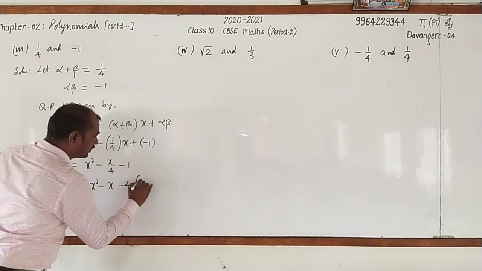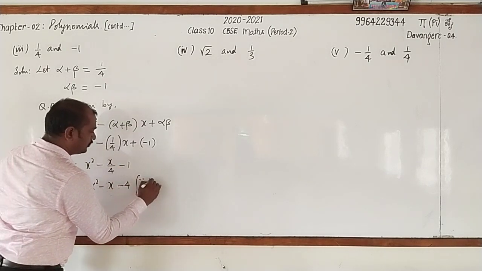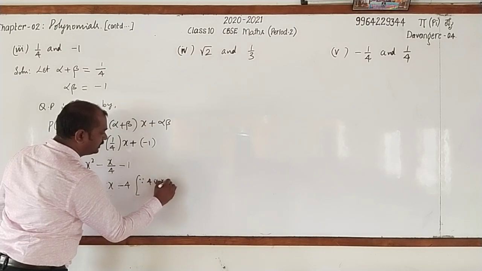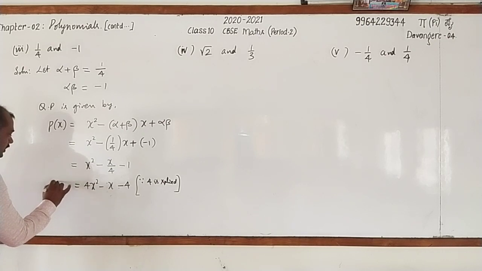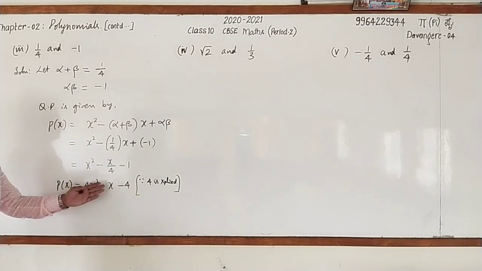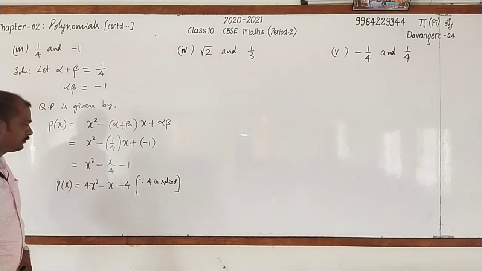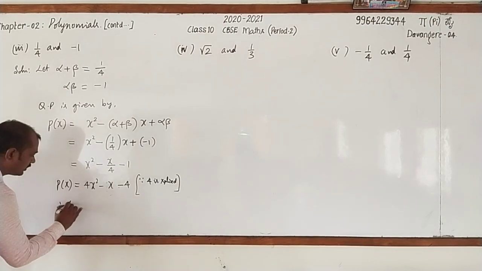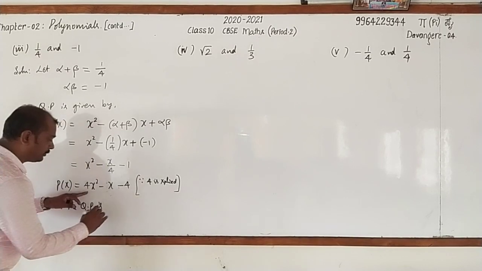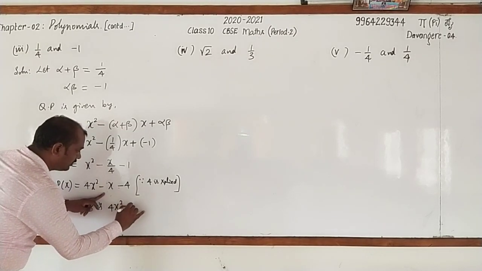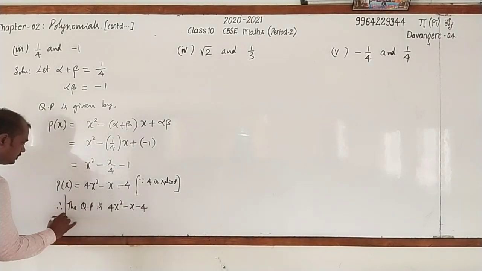So in bracket you can write 4 is multiplied, and we can write p of x equal to 4x square minus x minus 4. Therefore, the required quadratic polynomial is 4x square minus x minus 4.